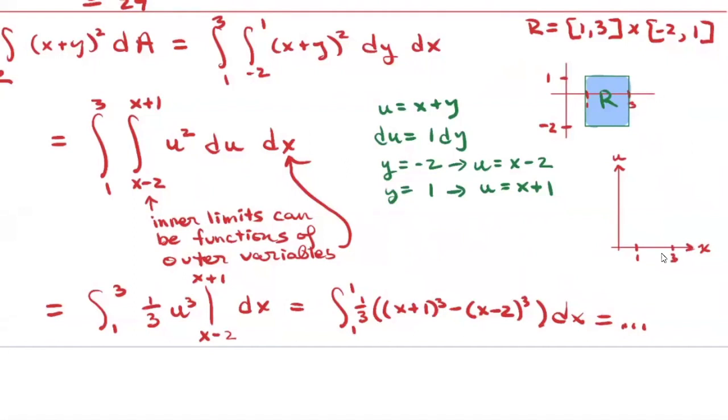But the limits on u are functions of x. u goes from x - 2 in the lower limit. I'm going to have to slide my x-axis up because I need an intercept at -2. So on the bottom, u is x - 2. So I've got my -2 here.